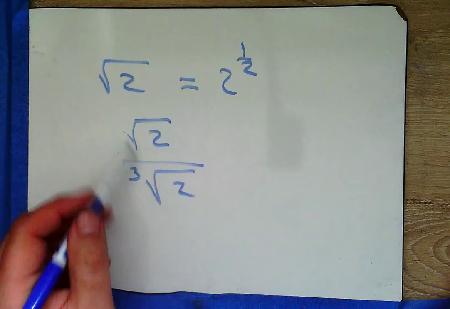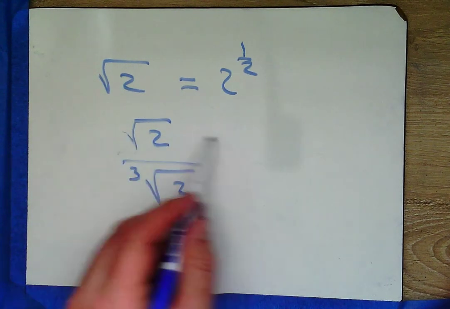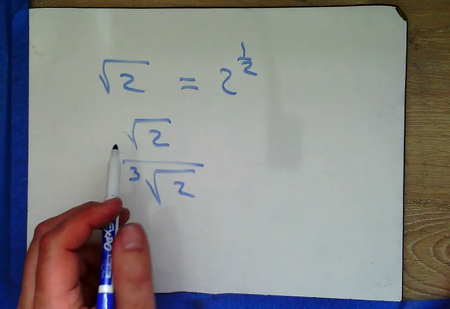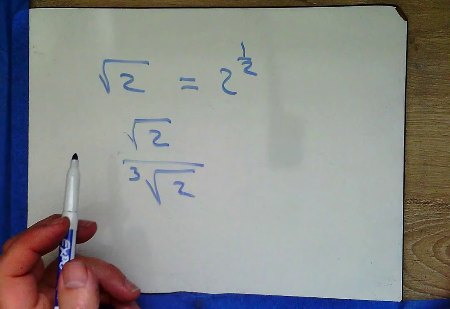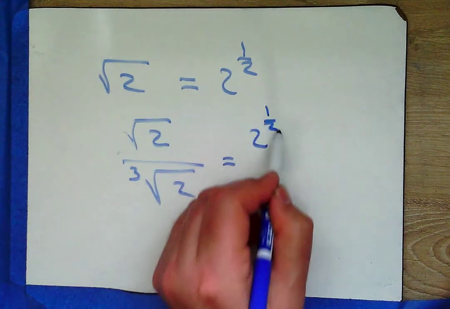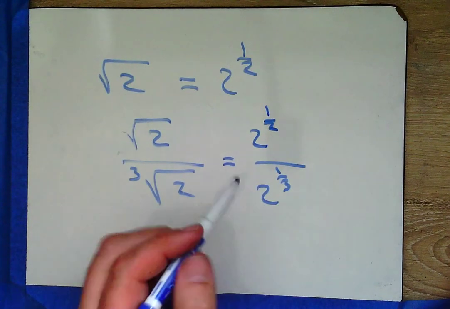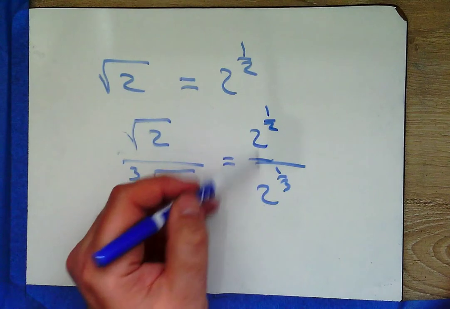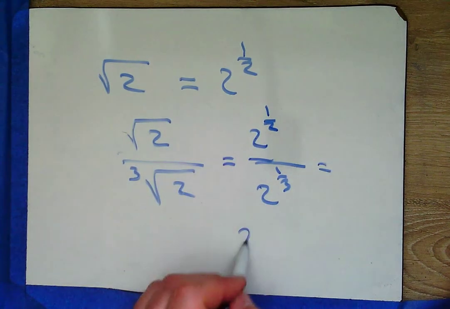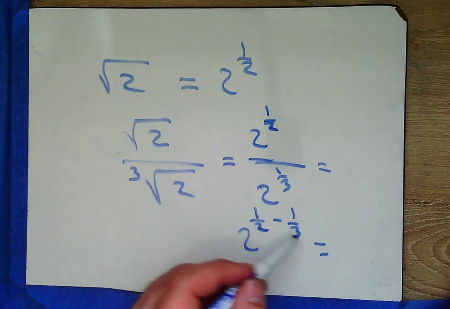I have to multiply top and bottom by the cube root of 2 more 2's, and then I have to figure out how these two play together, and they don't play together well. Really what I want to say is, look, if I took this and turned it into rational exponents, I'd have this. And then, when I'm dividing and the bases are the same, I'm supposed to subtract them. 1/2 minus 1/3.